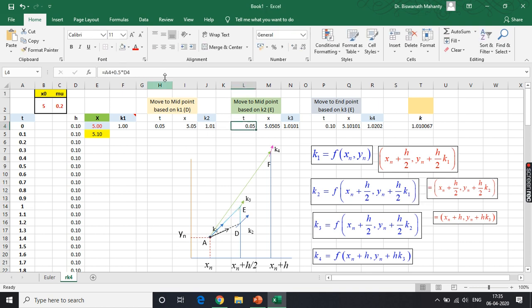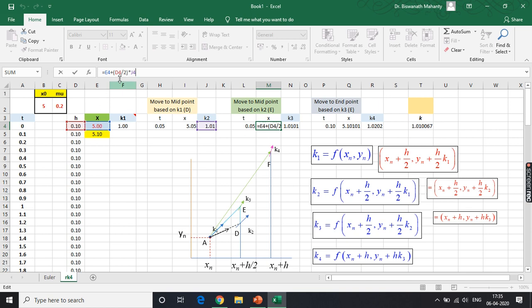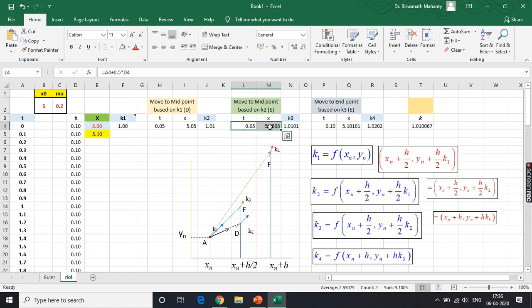So what we are doing: time is the same, original t0 plus half of h, and the x value is the original x plus h by 2, but this time I will use the k2 slope. So I reach the point E and I know its xy coordinate.